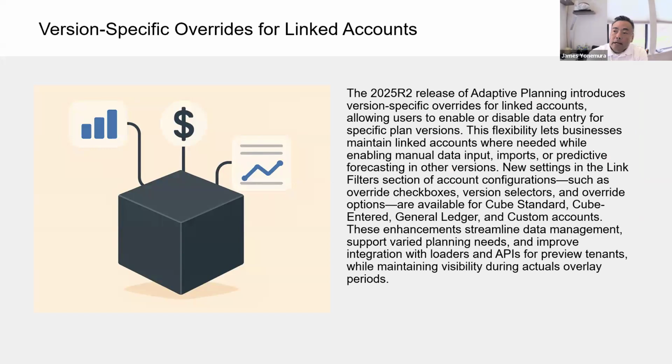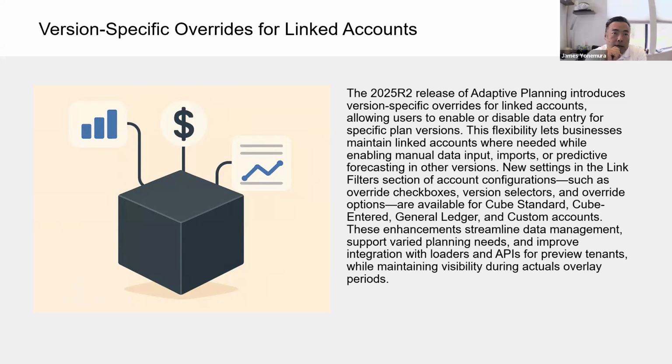Okay, go to the next one. I'm actually pretty excited about this one as well. This one is version-specific overrides for linked accounts. If you're familiar with linked accounts, currently it affects every single version. With this change, they allow you to be very specific to a version.